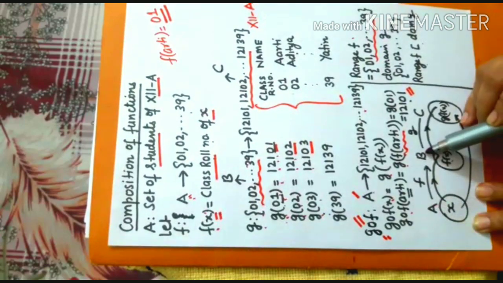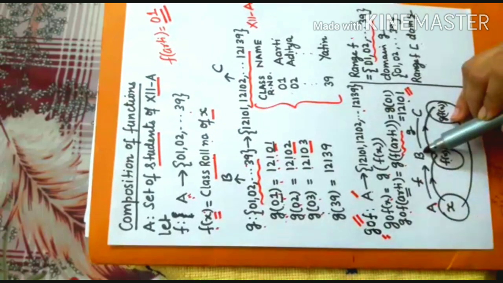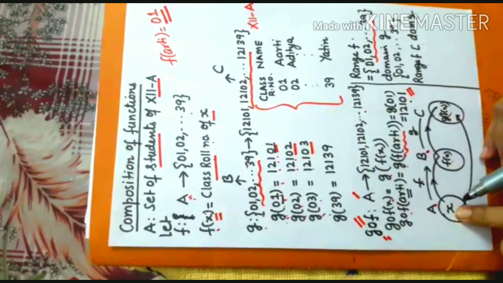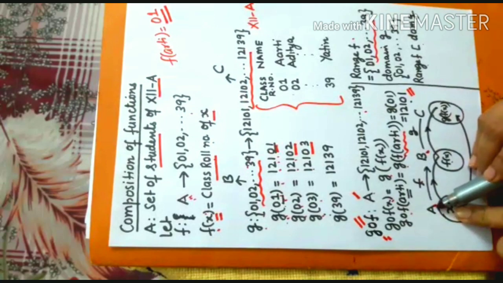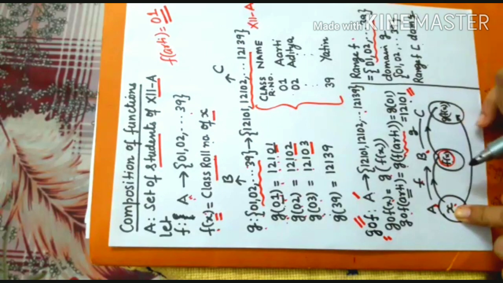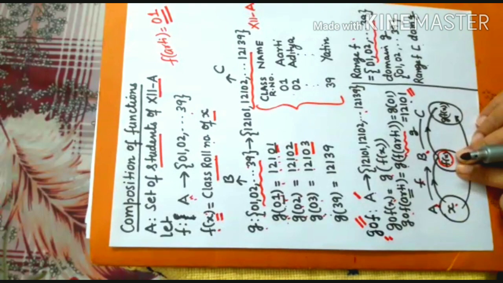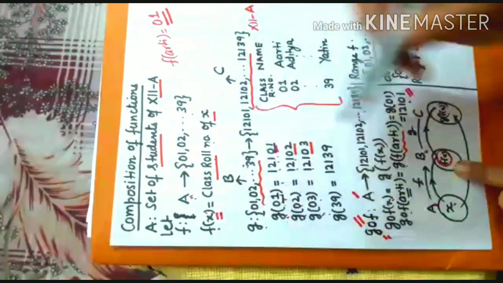f is a function from A to B. So every element of set A will be associated with some element in the set B, and B is this set.